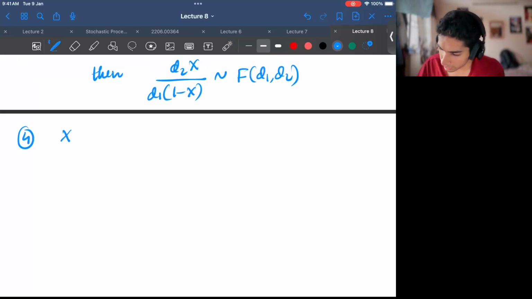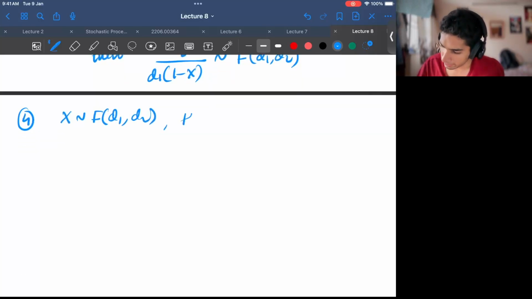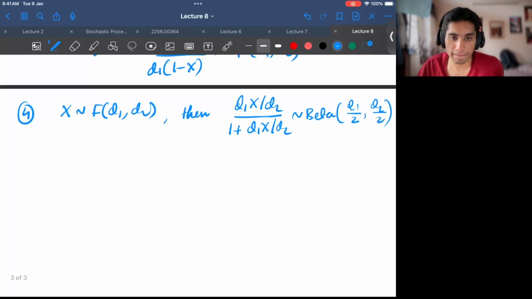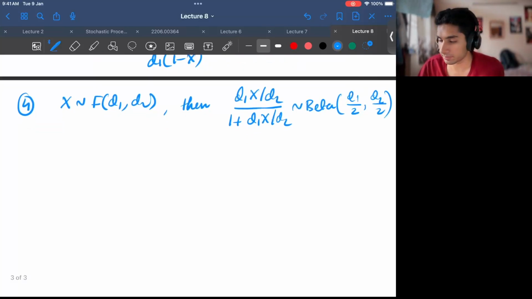If X is sampled from an F distribution with parameters d1 comma d2, then (d1 x by d2) divided by (1 plus d1 x by d2) is distributed according to a beta distribution with parameters d1 by 2, d2 by 2.